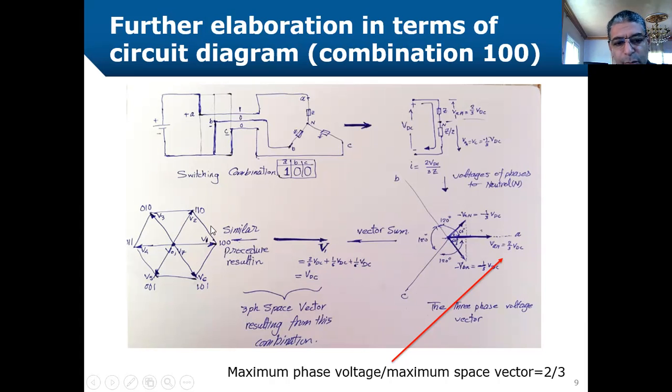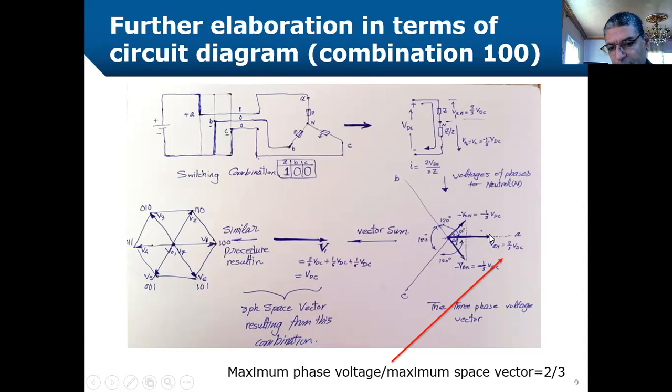The same work can be repeated with V2, 1, 1, 0. We will get the resultant vector as V2, and this angle is 60 degrees. The same can be repeated with the next conduction sequence: you draw the circuit, simplify it, get the individual phase voltages, get the resultant, and we'll find that it makes an angle of 120 degrees with the V1 direction and has magnitude VDC.